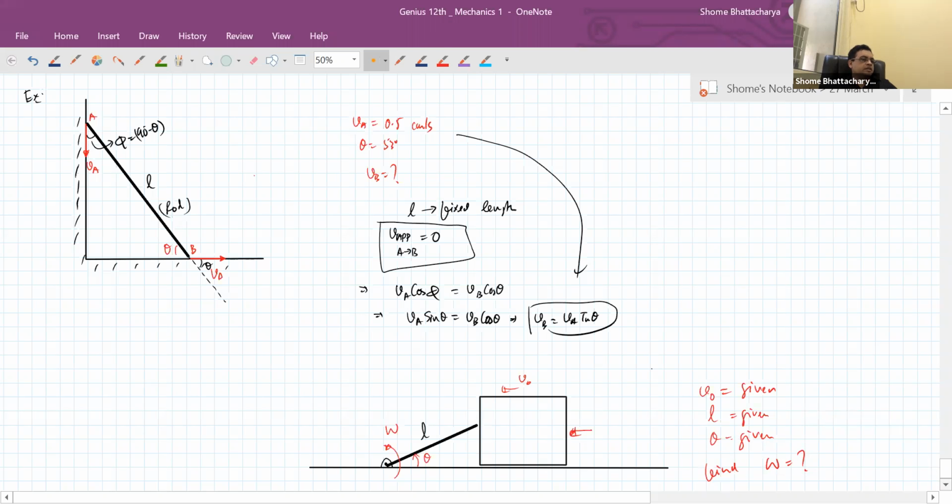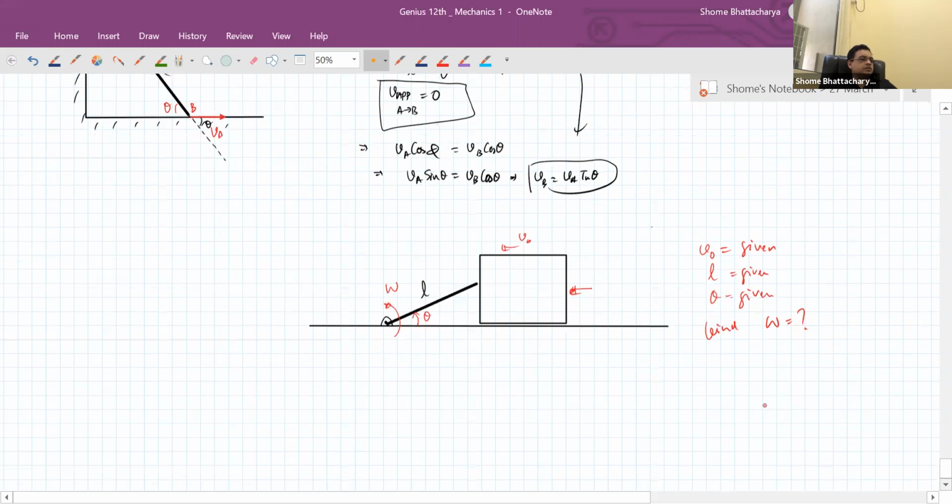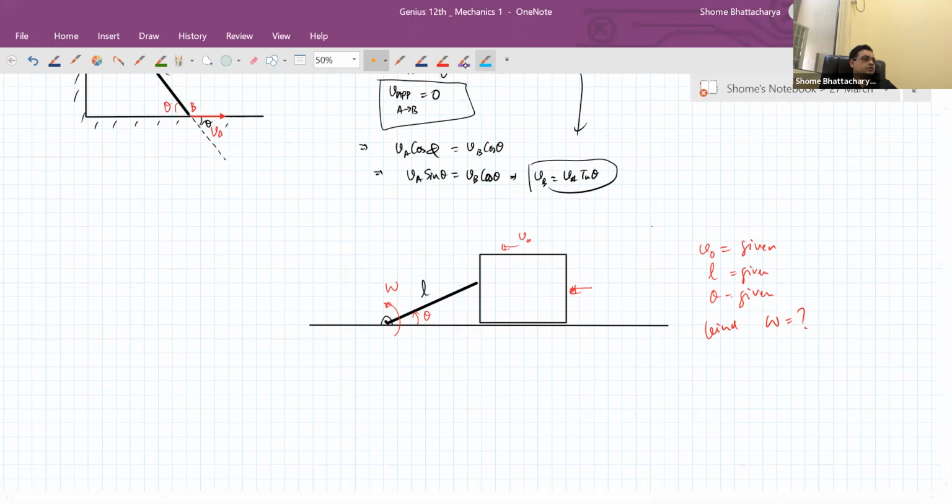Okay. So again, this is a classic situation where we can find the constraint relation by the concept of approach velocity. So the end of the rod here is in contact with the block.